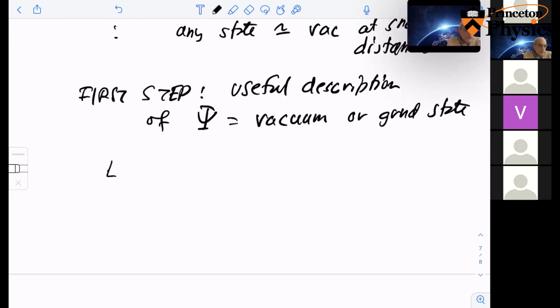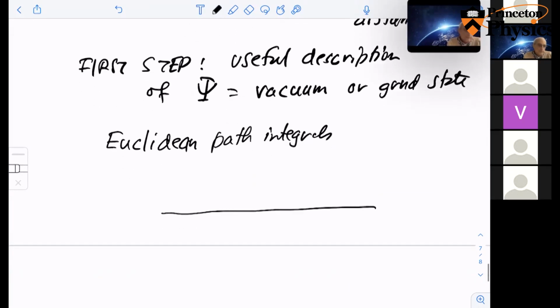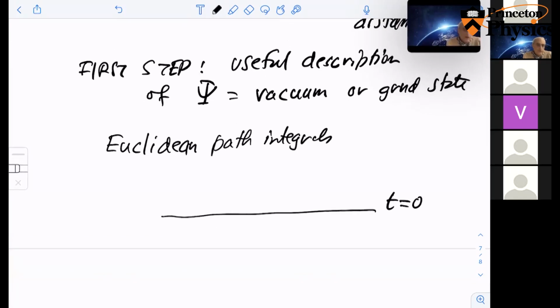Well, what we know from our study of field theory, hopefully, is that such a representation comes from Euclidean path integrals. So we consider, here's a time zero surface on which we want to define the state psi.